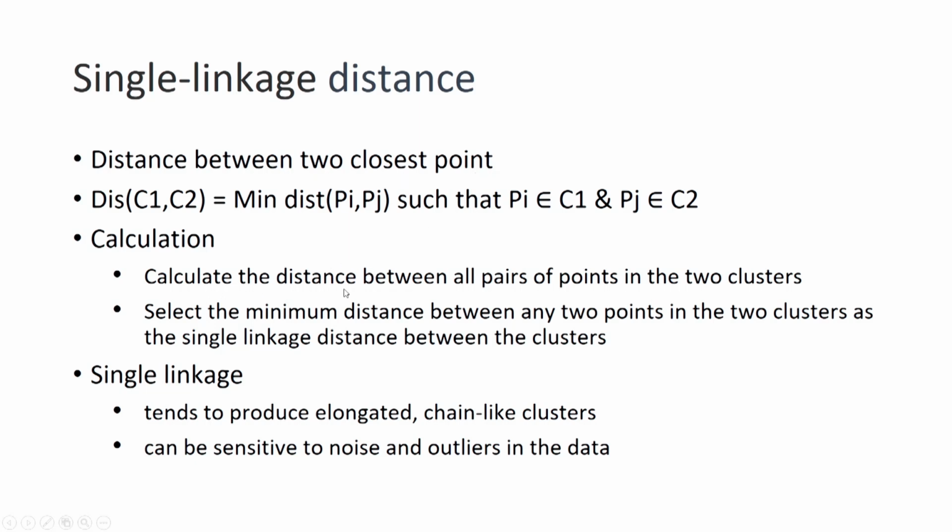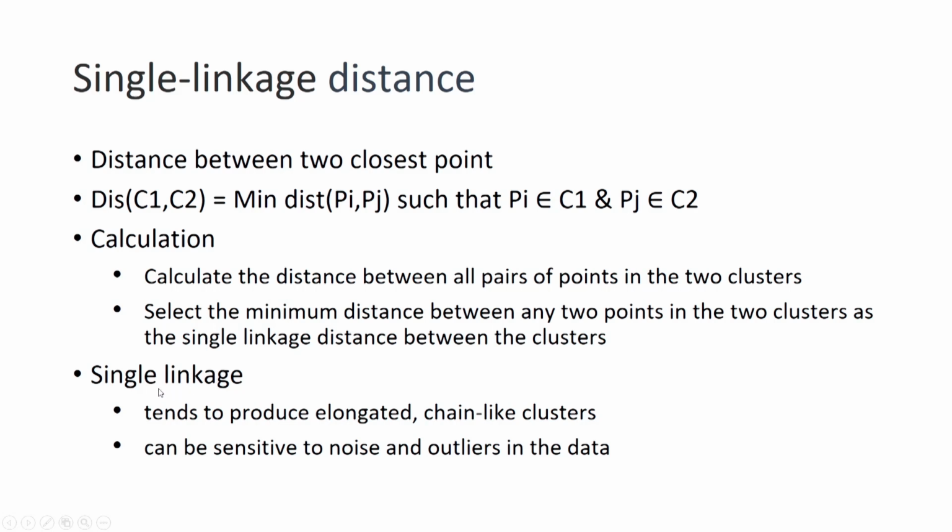So, how will we do this? Definitely we will need to calculate the distance between all pairs of points in the two clusters, and then we will select the minimum distance between any 2 points in these two clusters, and that distance is called the single linkage distance.